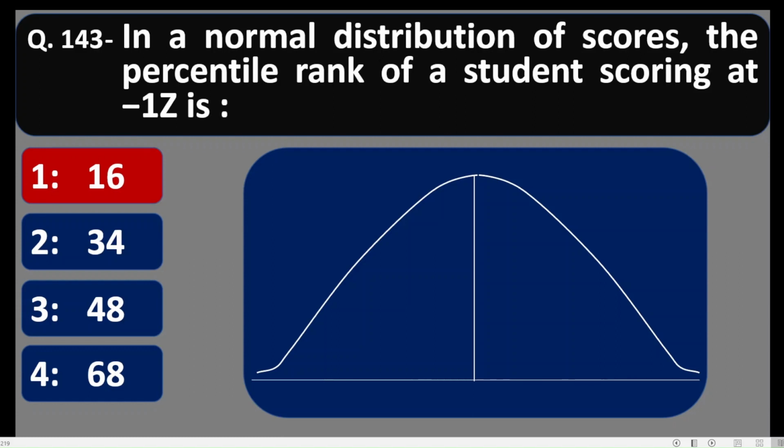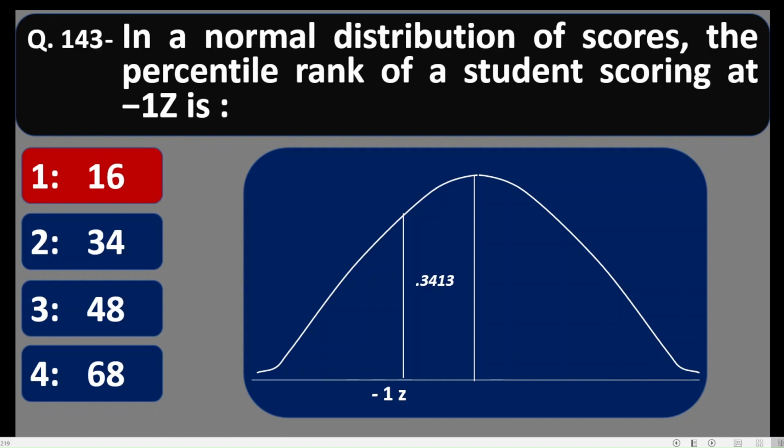But here the score of the student is -1Z, so it must be at the left side of the perpendicular line. -1Z is here, and if we draw a line from -1Z, we get the figure in this way. And we know that the area between the mean and -1Z is 0.3413.